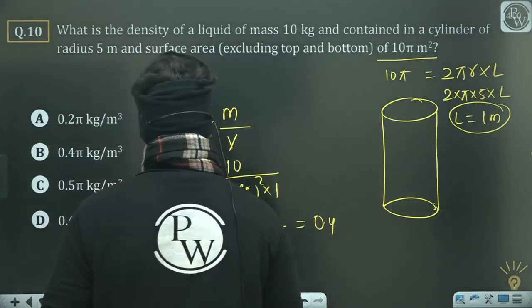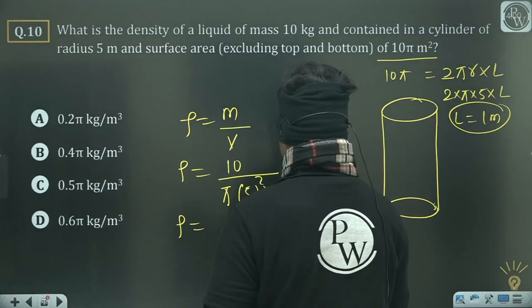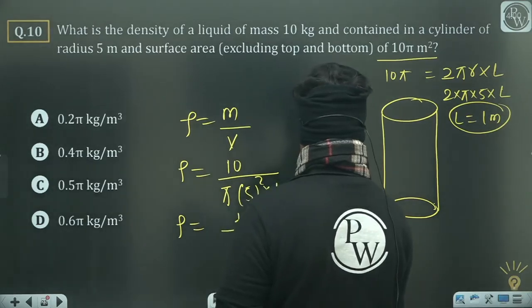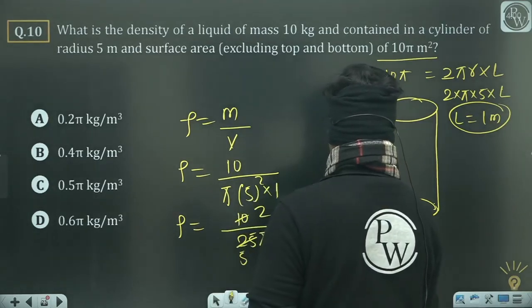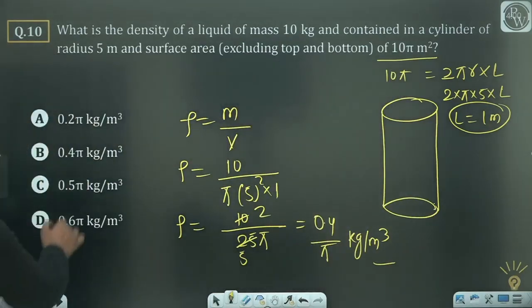Roughly you will get 0.4 divided by pi kg per meter cube. Okay. So this is the value we are getting. 0.4 divided by pi as the density.